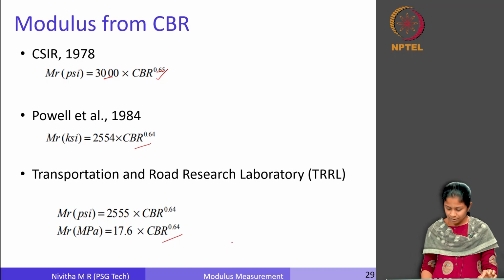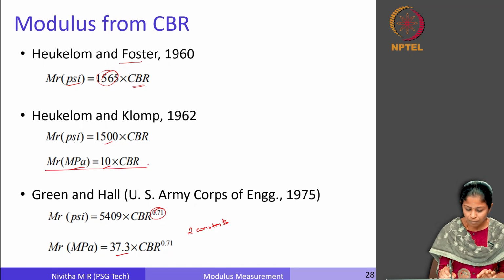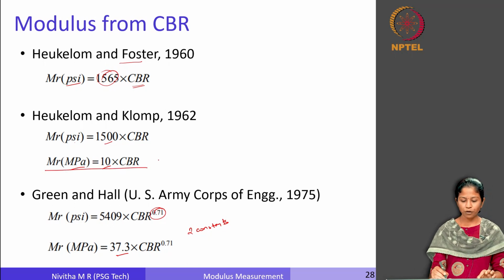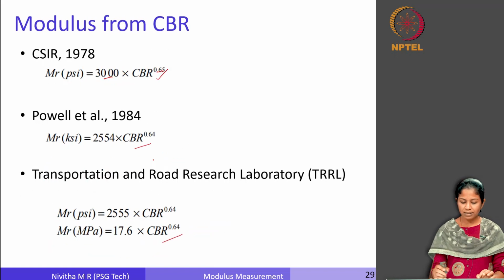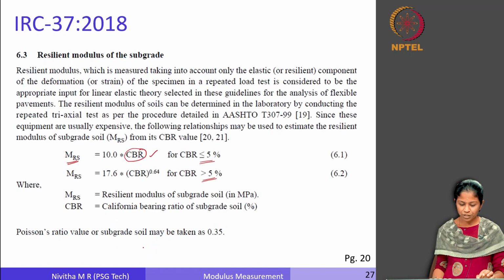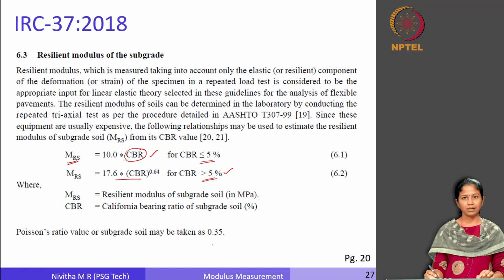If you look at this whole lot, the equation proposed by Heukelom and Klomp was used for CBR less than 5%. They used very low CBR soils, and that is why this equation has been borrowed for use in IRC. Similarly, the TRRL equation had proposed these constants, and that is what is used in IRC for a CBR greater than 5%.